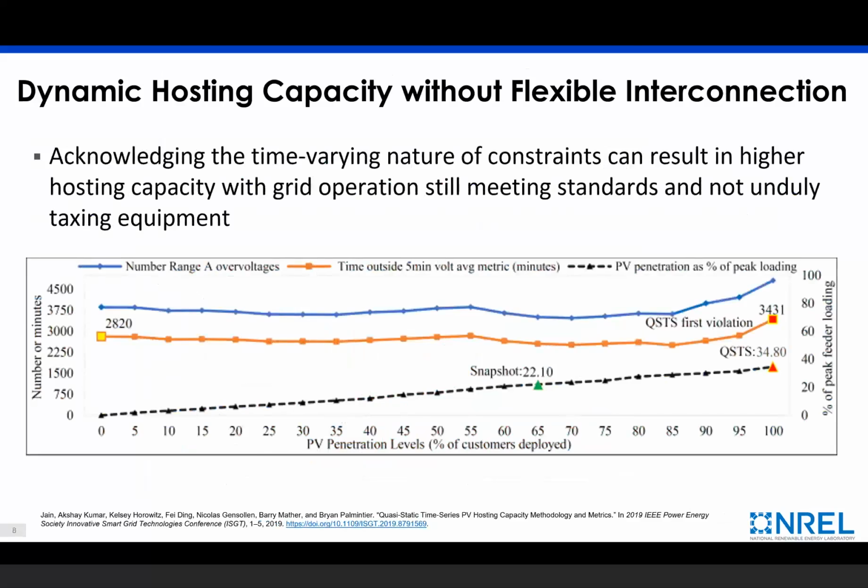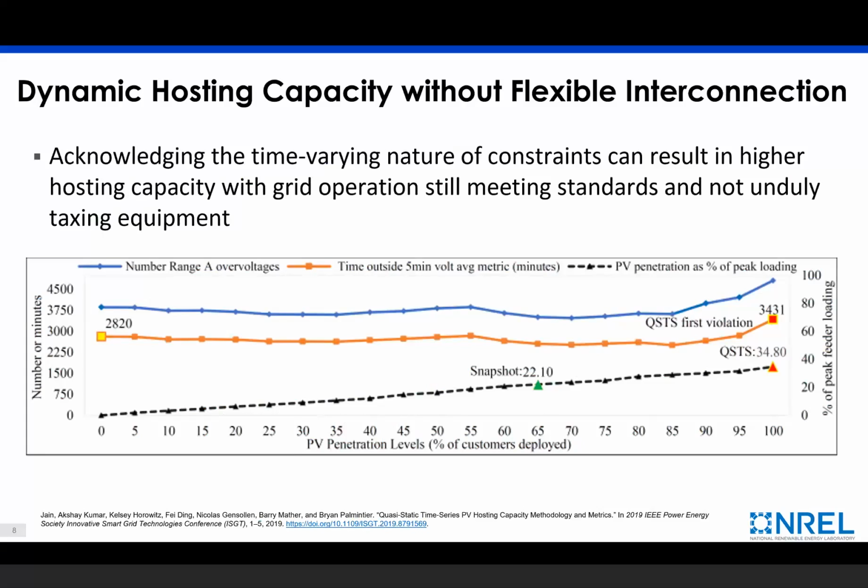And we've done some analysis here at NREL trying to look at, even without flexible interconnection, what if you use a concept of these time varying constraints on the grids and a more duration and severity based definition of hosting capacity that acknowledges the fact, for example, that it's okay to be outside of ANSI range sometimes for some customers, as long as it's not really pervasive throughout the year and for all customers, or that you can temporarily overload lines and transformers without causing issues as long as the overloading is not too severe.